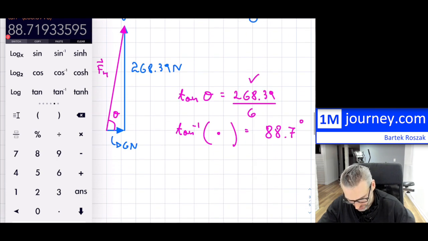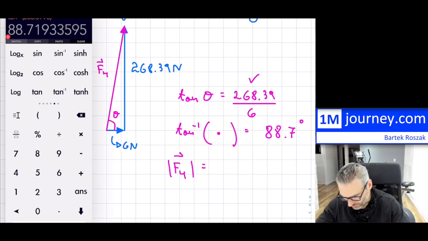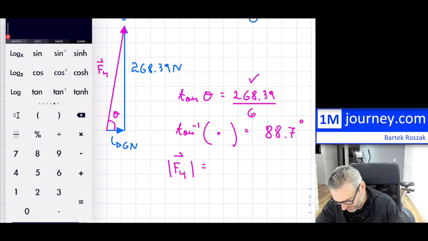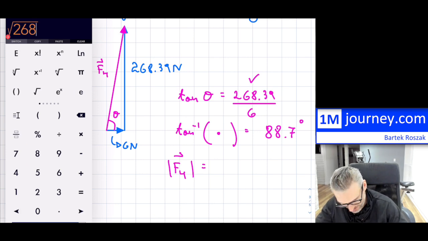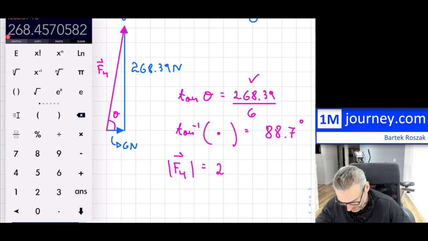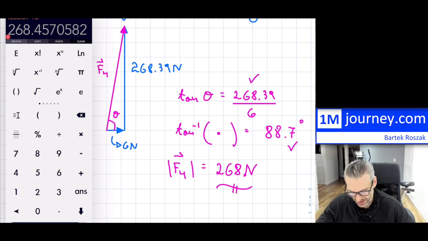Now its magnitude, so the magnitude of F4 would have been the square root of 268.39 squared plus 6 squared, equals, well, definitely is going to be something very close to that. 268.457, it's fine, so let's just round it, 268 approximately newtons at this angle.